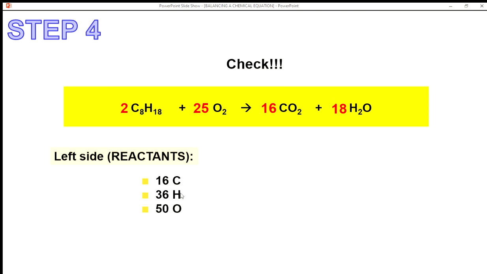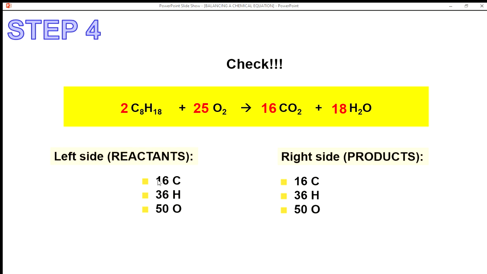Those are the elements on the left side, or the reactant side. Now let's check the right side, or the product side. On the right side we have 16 carbon, same as the left side. And then we have 36 hydrogen, 18 times 2 is 36. On the left side also 36.